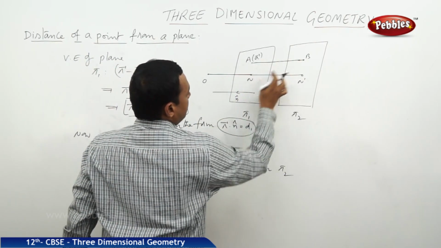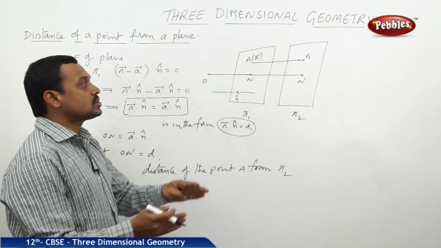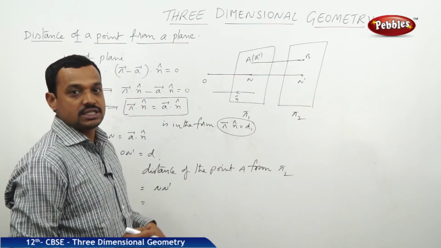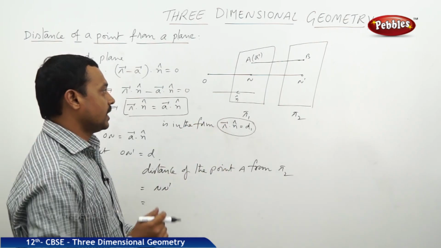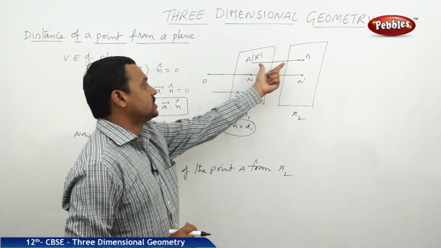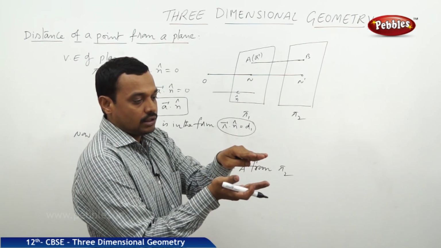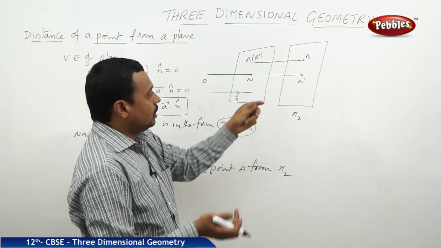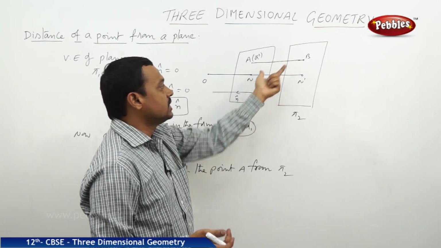So, AB is same as NN dash. Why? Because the two planes are parallel planes. That's why the distance between the points on the two planes remains same.